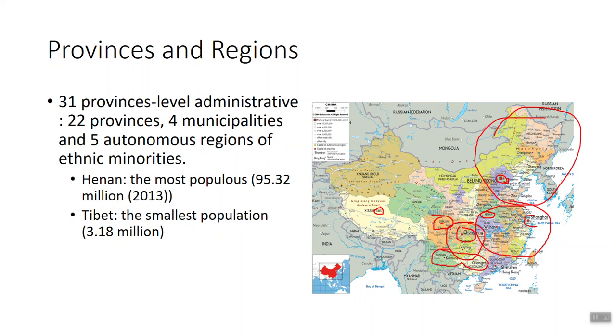As I mentioned at the beginning of the video, we also have two special administrative regions. One is Hong Kong, and another one is Macau, which is very small. You might not be able to see it. Macau and Hong Kong are the two special economic zones.